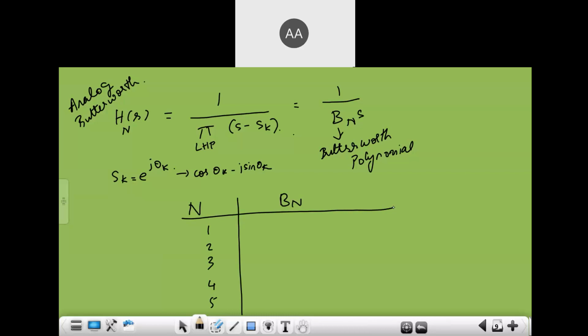I told you, no matter whatever is the problem, you will first design a Butterworth filter with cutoff frequency equal to 1. It has the form 1 divided by product of S minus Sk. So you find out the value of Sk first for different values of n. Then you substitute it there and choose the left half S poles. Getting?